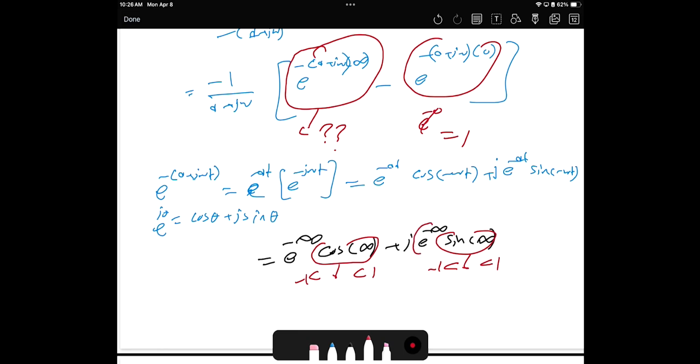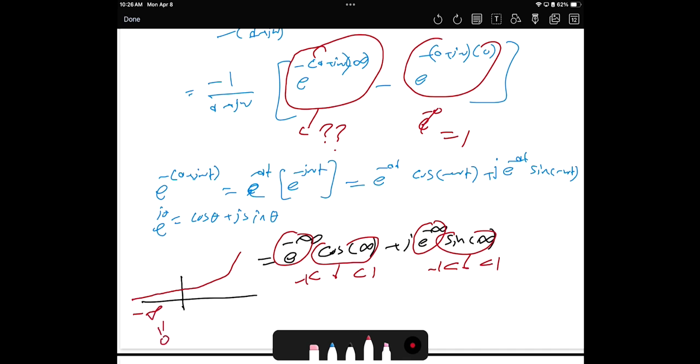But the concern is e to the power negative infinity. How will it be? Here it is e to the power negative infinity, so this expression at infinity goes to 0.